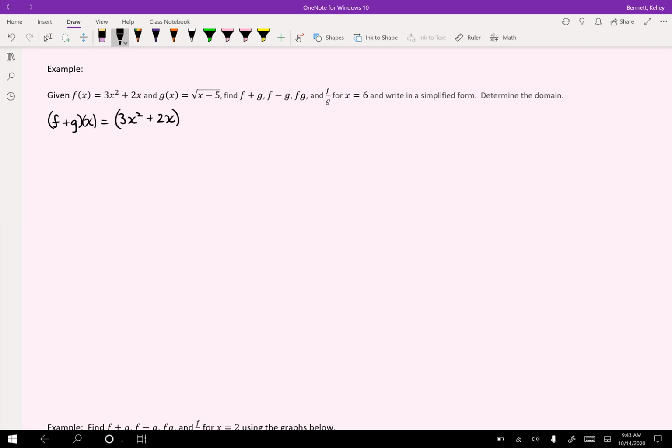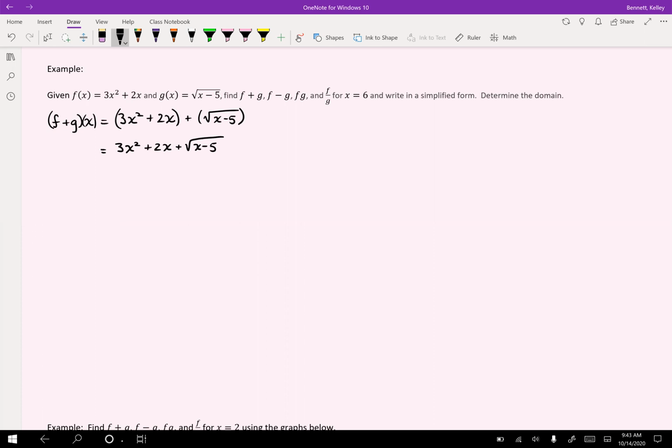And I'm going to add to that g of x, which is the square root of x minus 5. And again, here the parentheses aren't doing anything for me, but just to emphasize the fact that the first two terms come from f, and then the last term with the radical comes from g. So there's really nothing to do as far as simplification because there are no like terms to combine.